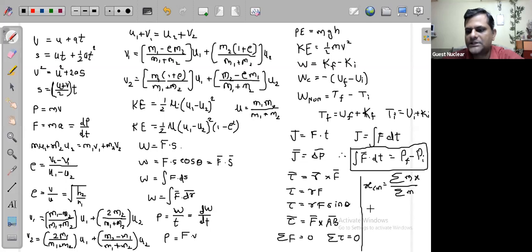The y coordinate and the z coordinate can be found in the same way. And in case of a uniform body, the summation sign will be replaced by the integration sign. So all these are the formulae we have seen in this chapter.